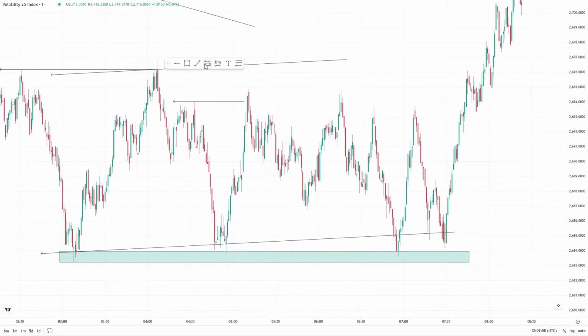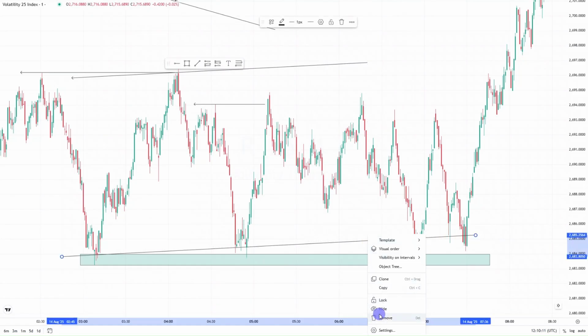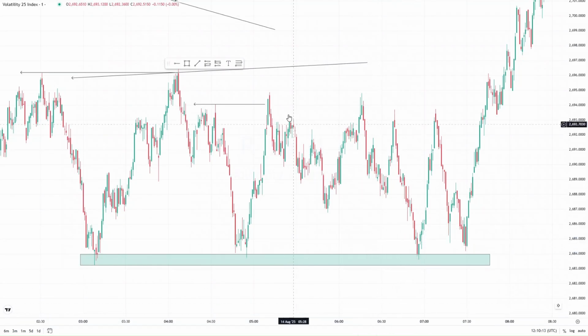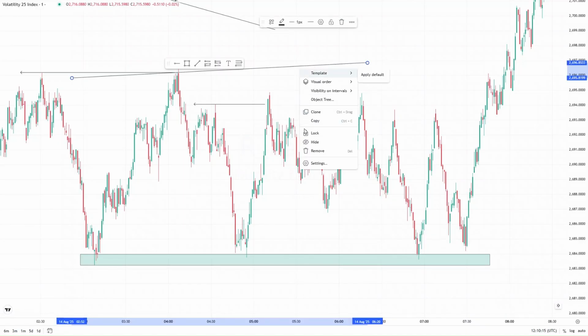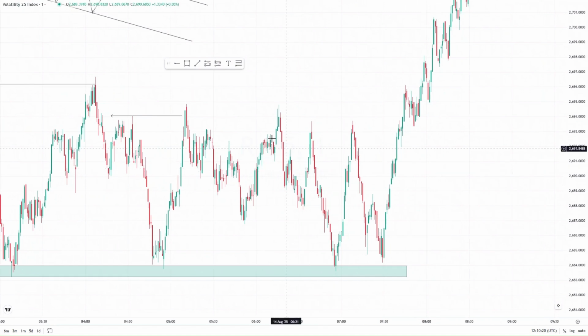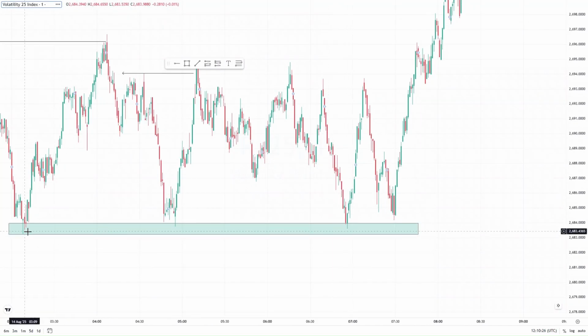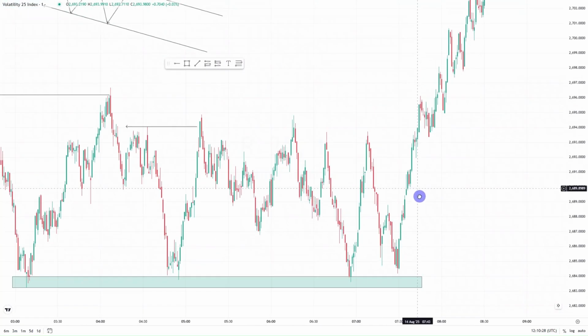So what we want here is to identify the reasons why price keeps coming back to this zone right here, which I drew out. So now what I would do, I would remove this because it has been violated there. So it's no longer of importance to us. So now we want to understand that price keeps coming back to this, but it's failing to go lower.